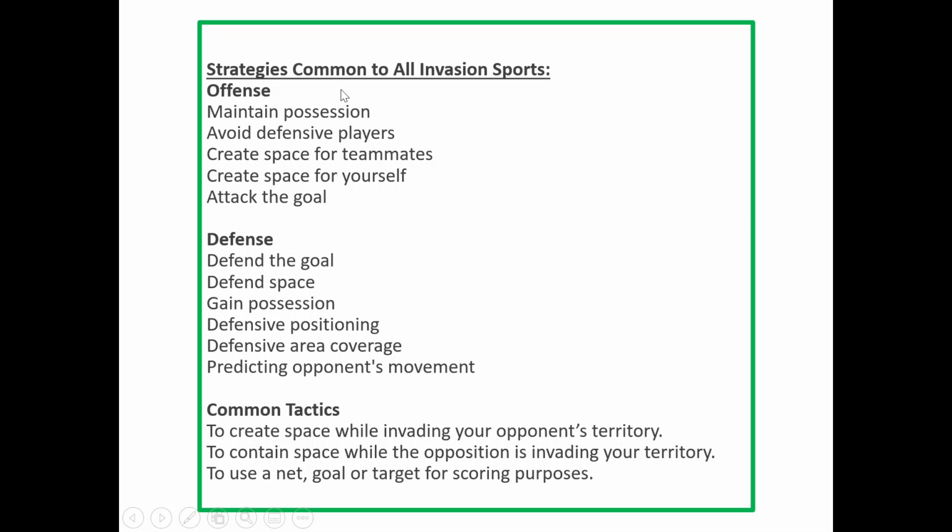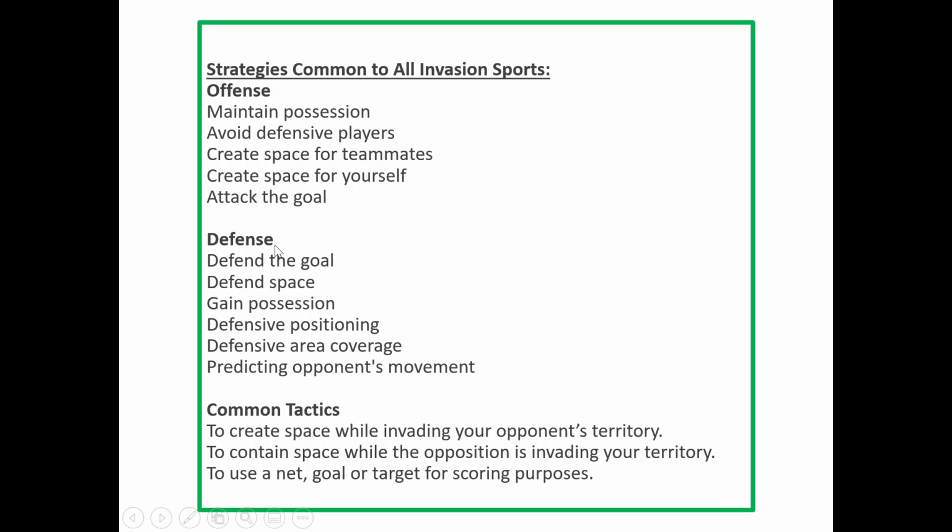Just to give you some hints in case I know some of us are early on in our PE careers, these are some common strategies of all invasion sports. So these might help you to write your lessons, or your objectives. So if you wanted to work on offense, you could talk maybe about maintaining possession, avoiding defensive players, creating space for your teammates, creating space for yourself, and attacking the goal.